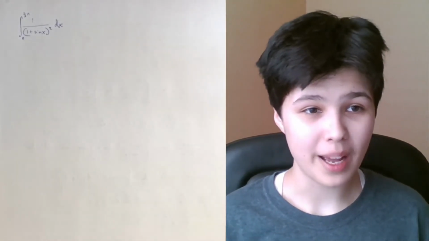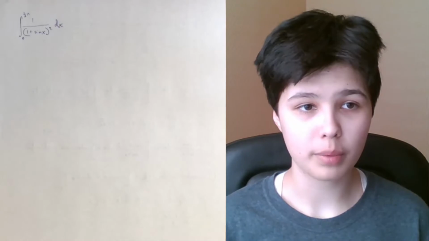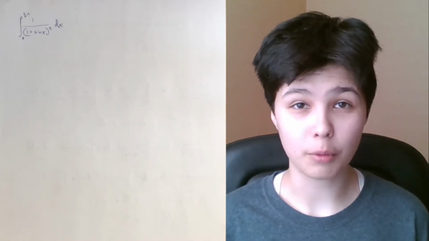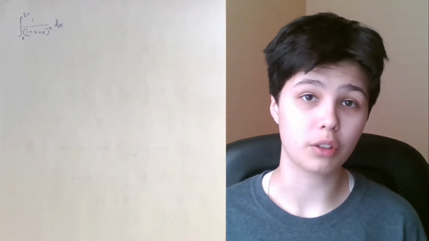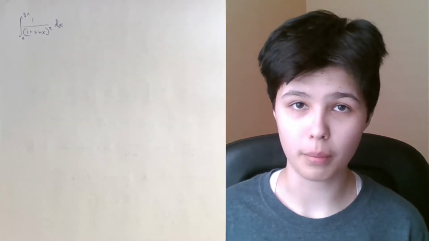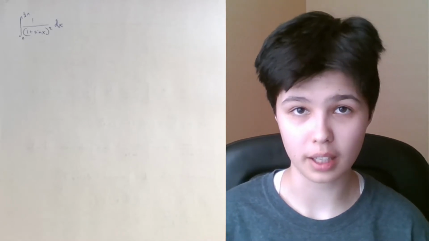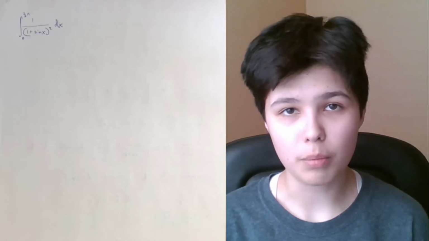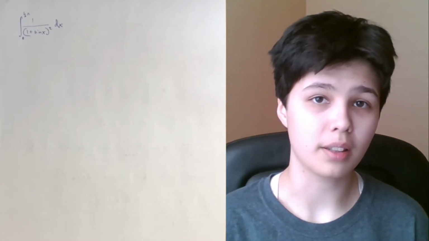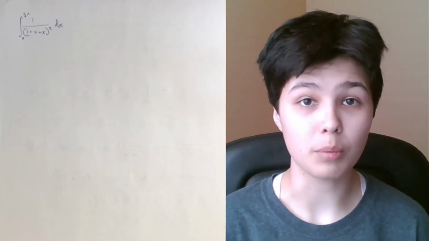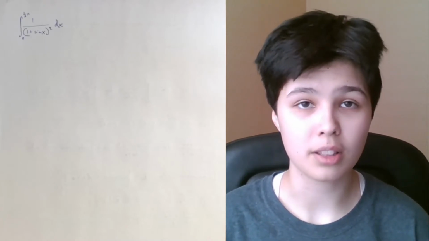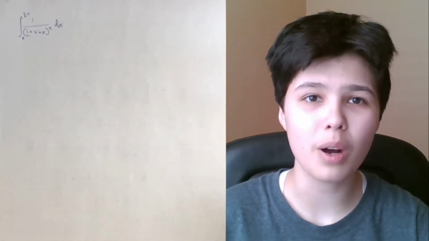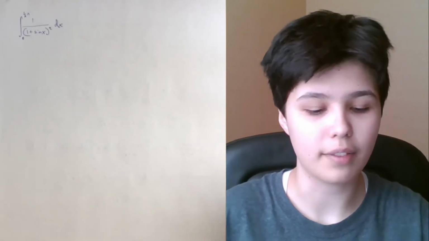For the next part, we're asked to integrate 1 over 1 plus sine x all squared. You might be wondering whether you should multiply top and bottom by 1 minus sine x or 1 minus sine x all squared. Some of you may find it more intuitive to multiply by the square, some might not. The key is to try both things. If there's two ways your answer can go, one might not work, but the other definitely will.